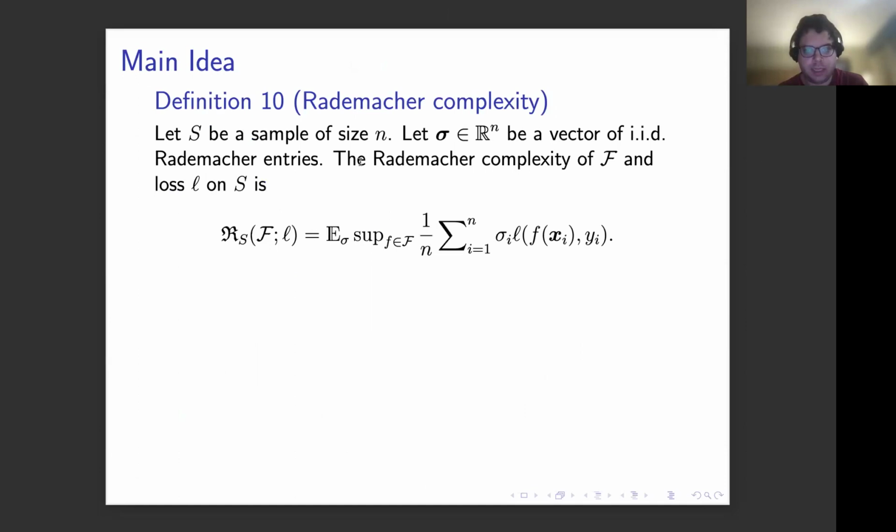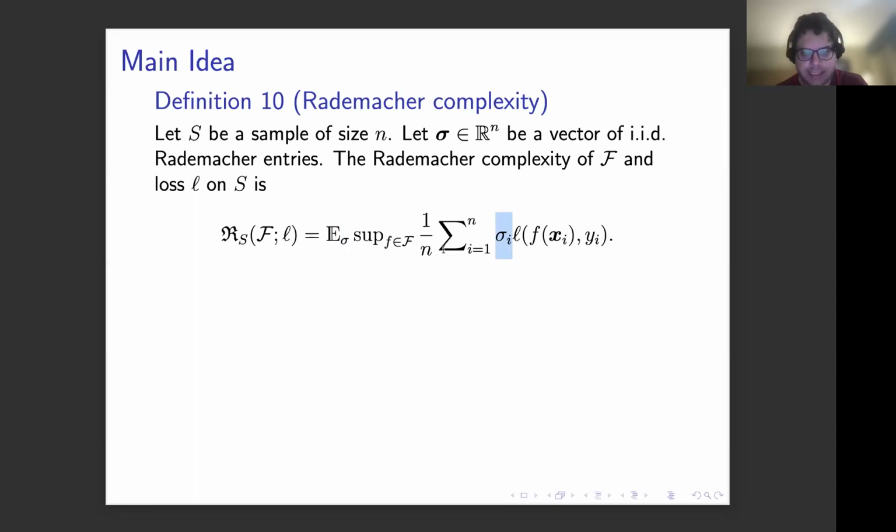So the Rademacher complexity of the hypothesis class and loss on the training data is defined as follows. It's the expectation over a Rademacher random vector sigma, so these are random signs, plus or minus 1. And then we're looking at the largest value that this takes.